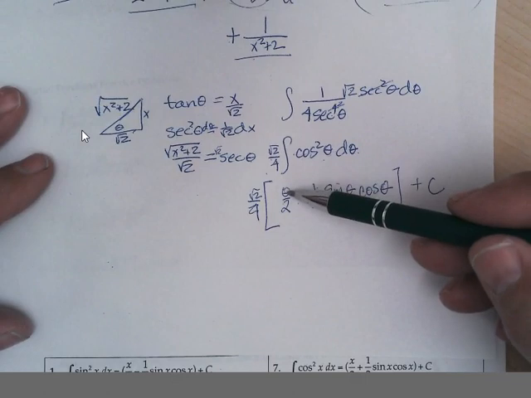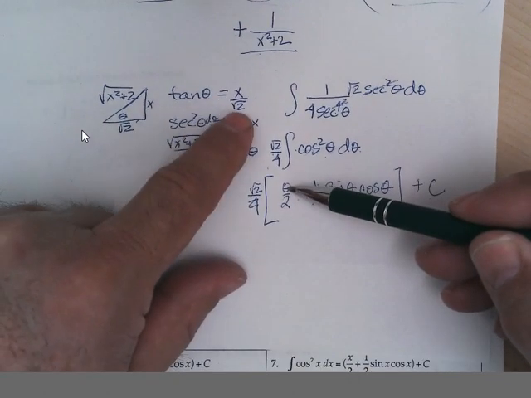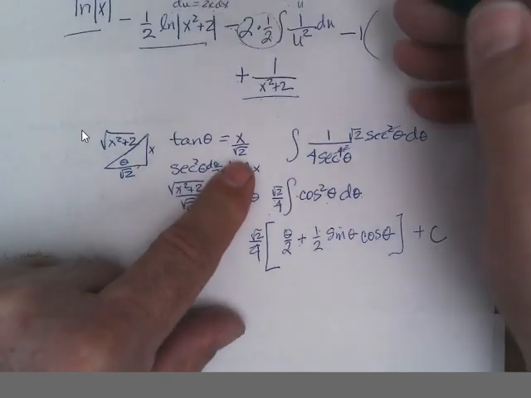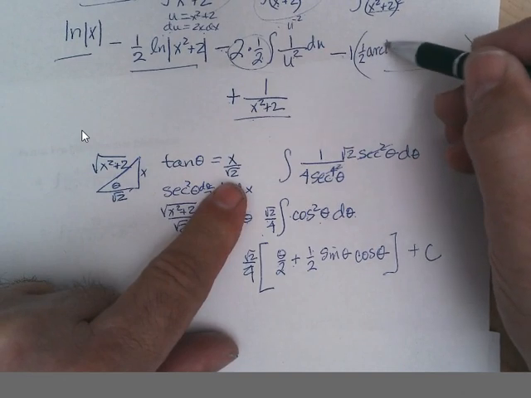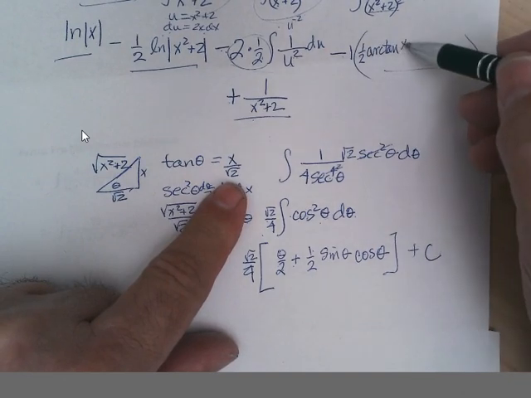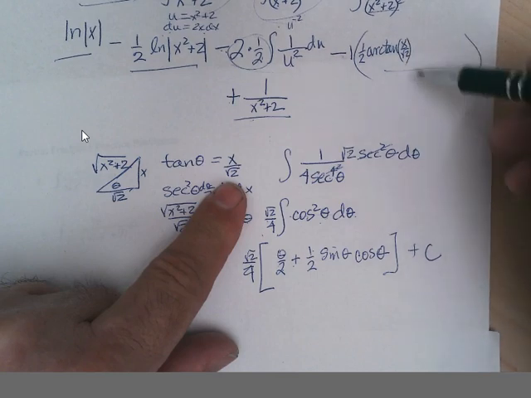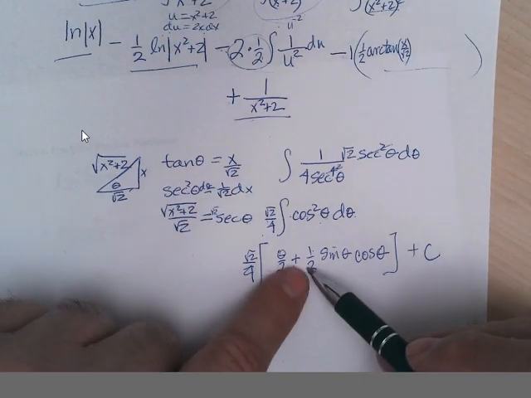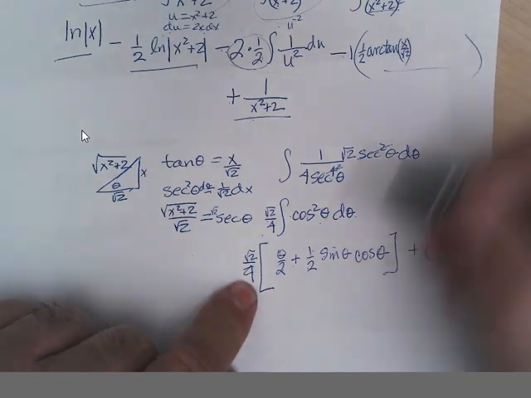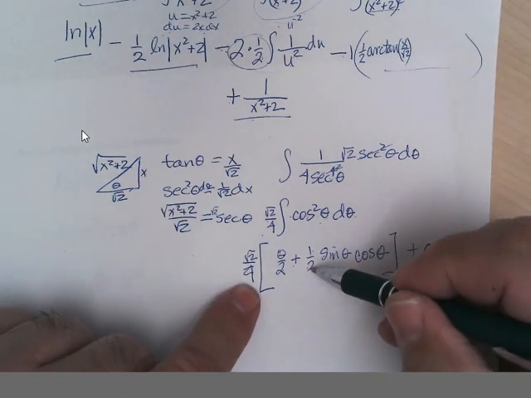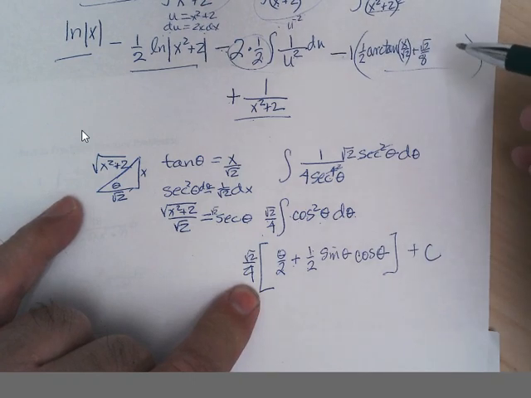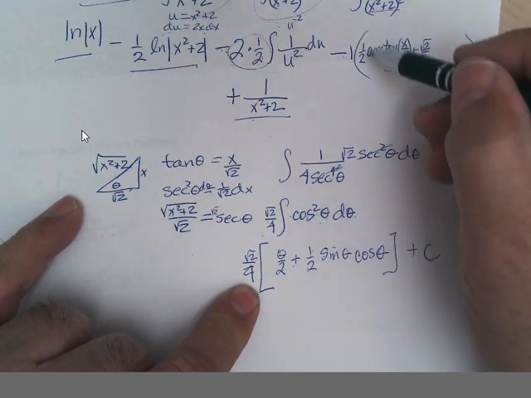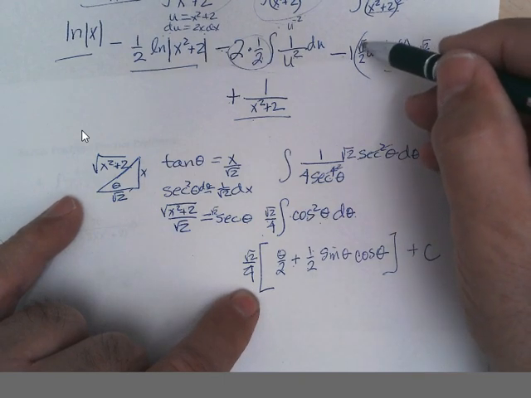And so theta is the arctangent of x over the square root of 2, and that'll be over 2, so I get 1/2 arctangent of x over the square root of 2 plus x, this times 1/2, which would be square root of 2 over 8, and I forgot to take this one times the square root of 2 over 4, so this is square root of 2 over 8.